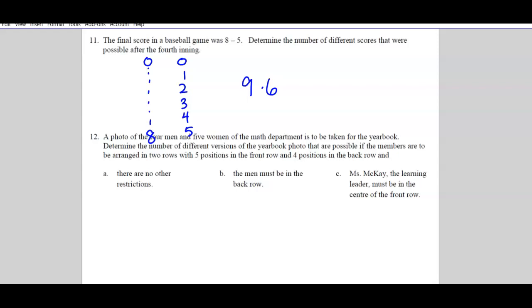9 possible scores. So for each of these, a tree diagram. Do a tree diagram if you need to. For a score of 0, you could have had a score of 0, 1, all the way down to 5. For each of these 9, you have 6 here. So 9 times 6 is 54.